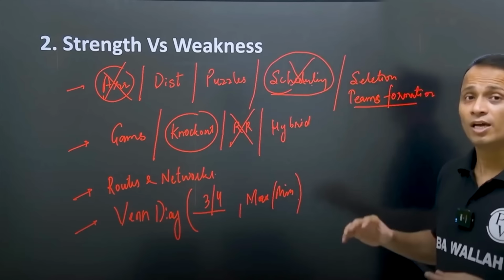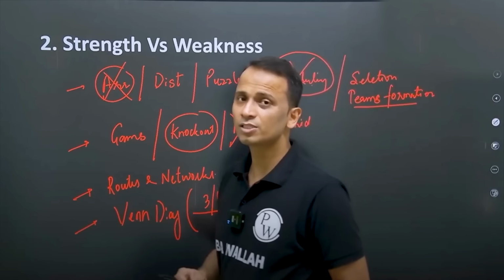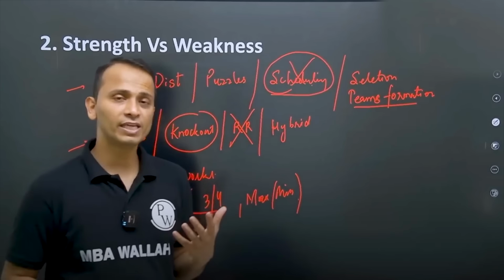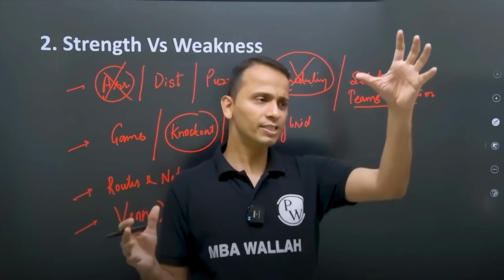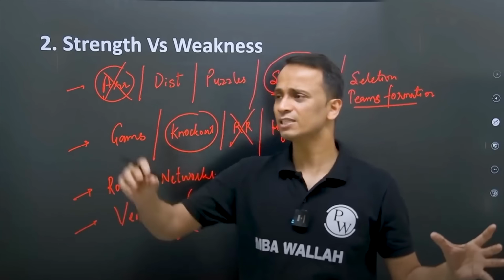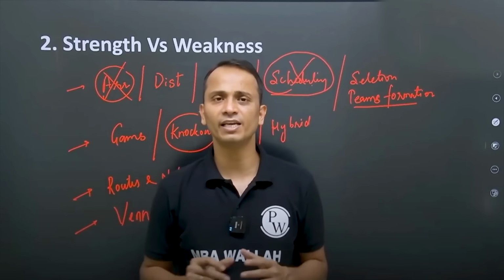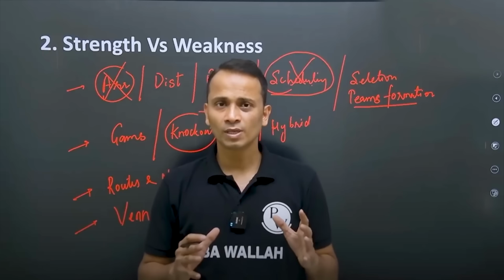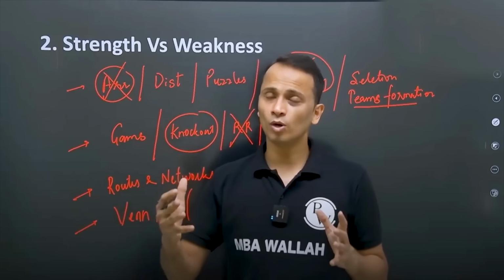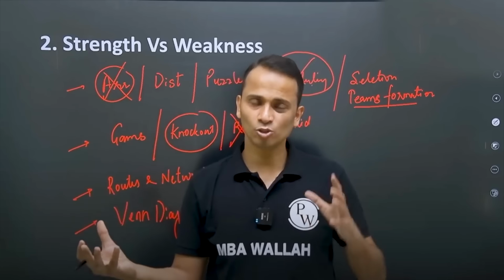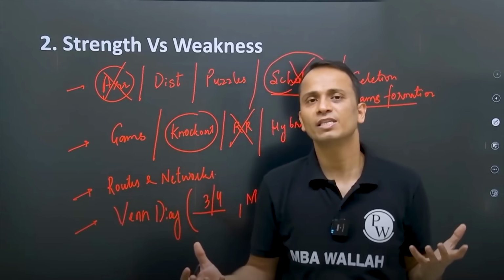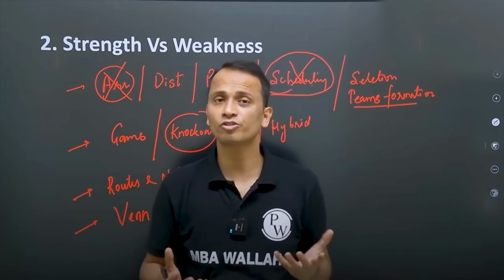So in the month of August, you must make a list of all your strength areas and weak areas. So let's say these 5 are my strength areas, these 6 are my weak areas. Okay, so simultaneously, while you are working on your weaknesses, you are also working on your strengths as well.